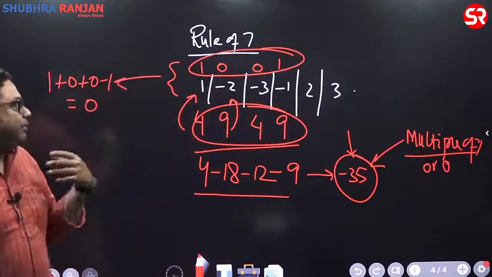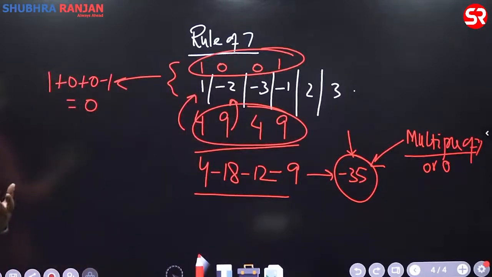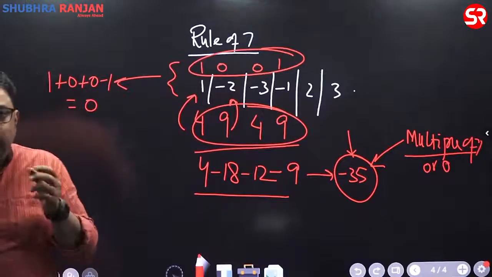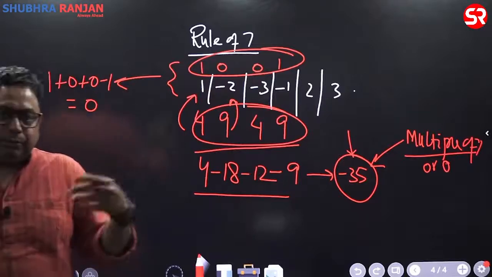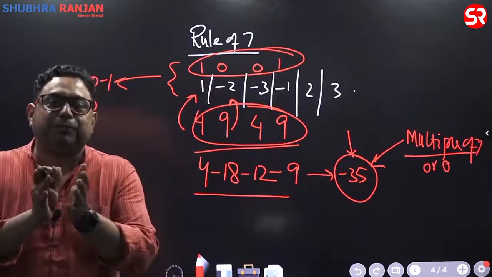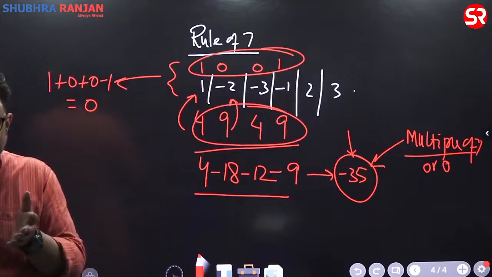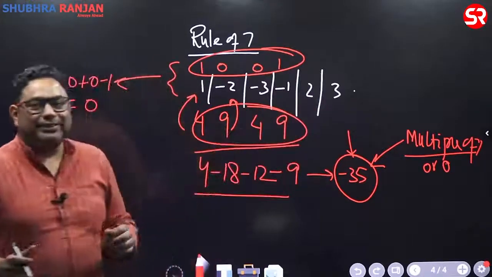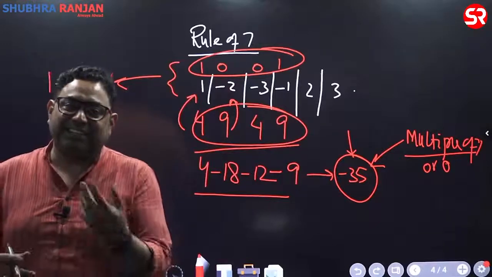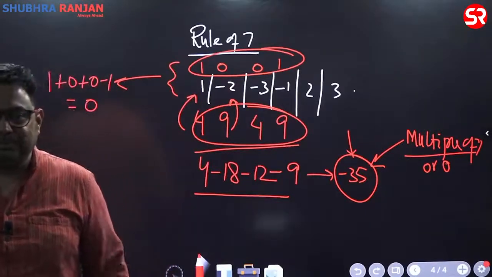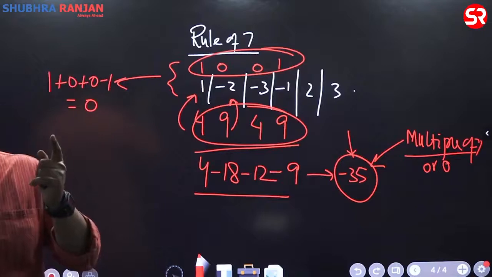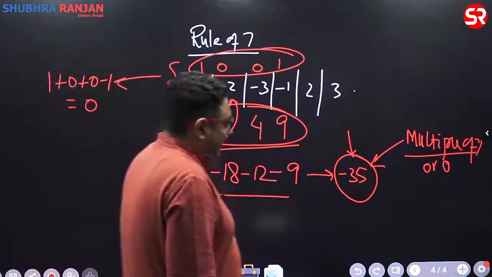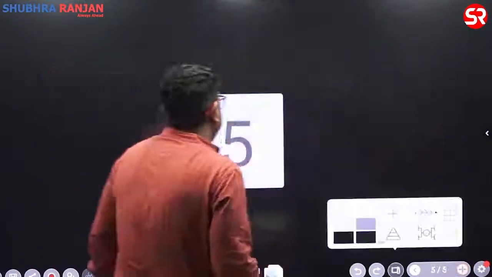Right? Now, a lot of students feel, yes, this is something we have been missing, right? 1, minus 2, minus 3, minus 1, 2, 3. But I think one question would crop into your mind, that is, sir, this is just 6 numbers. If they give you an 8-digit number or a 10-digit number, what would you do? Guys, I understand.